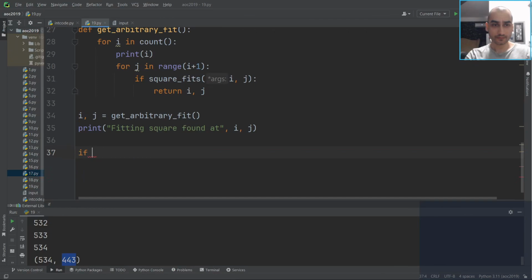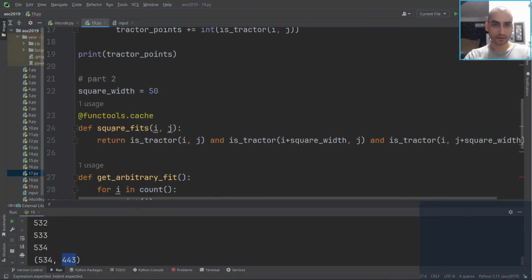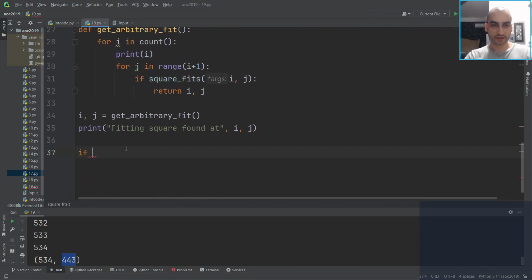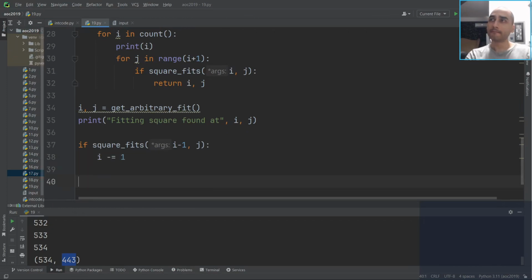So... if square fits for I minus 1 j, then we just do I minus equal 1. Because that's the only place we don't know for sure doesn't fit. And then are we done?